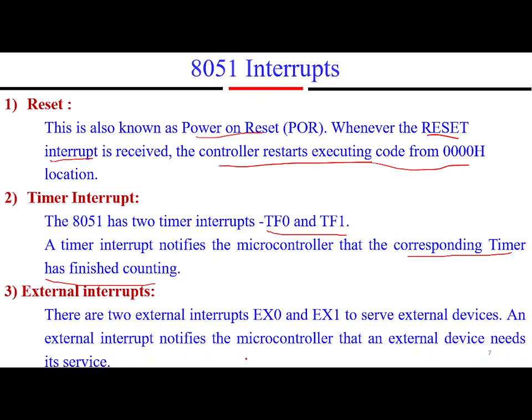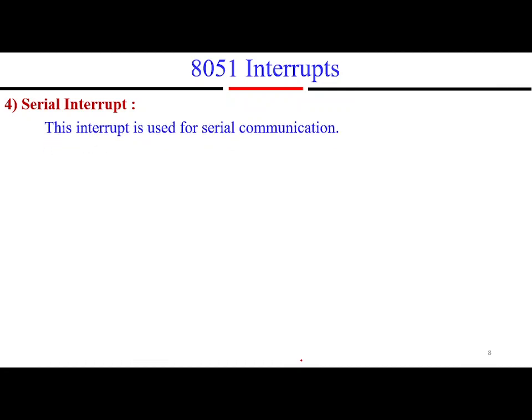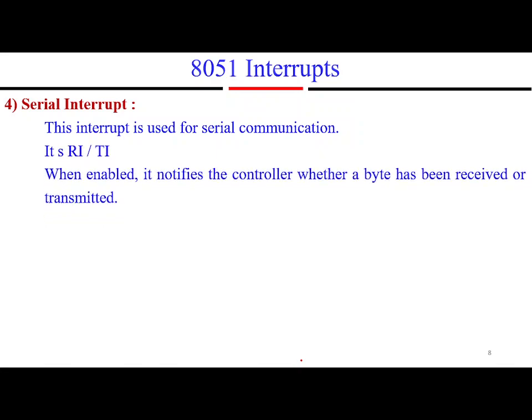These are two, EX0 and EX1, and they are denoted as INT0 and INT1. Serial interrupt is used for serial communication, and they are RI and TI. When enabled, it notifies the controller whether a byte has been received or transmitted. So this is used specifically for bit by bit communication.